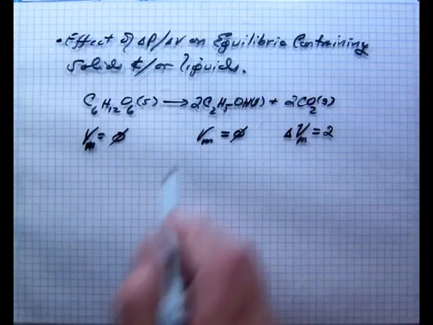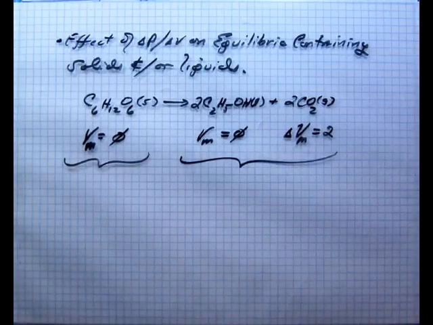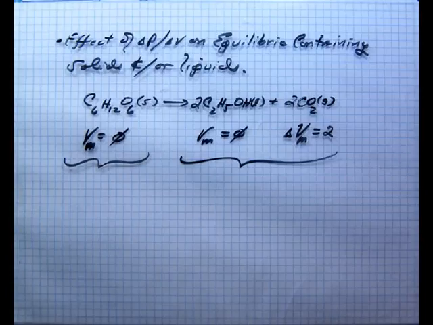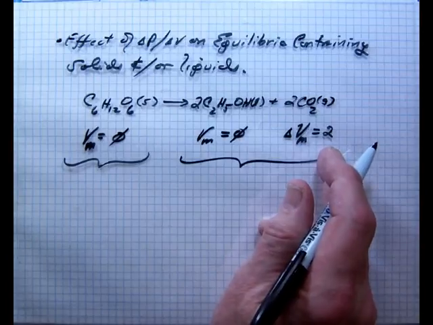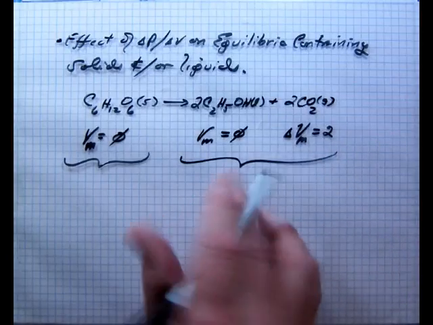So if we evaluate the reaction in terms of the number of molar volumes on the reactant side and the number of molar volumes on the product side, we find that the product side has a larger number of molar volumes. So this is the high side.